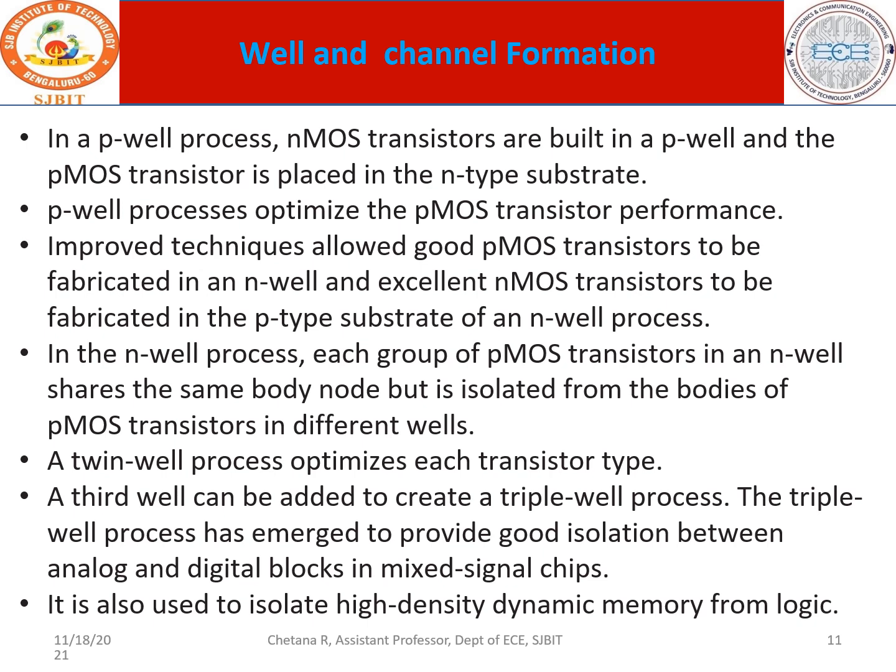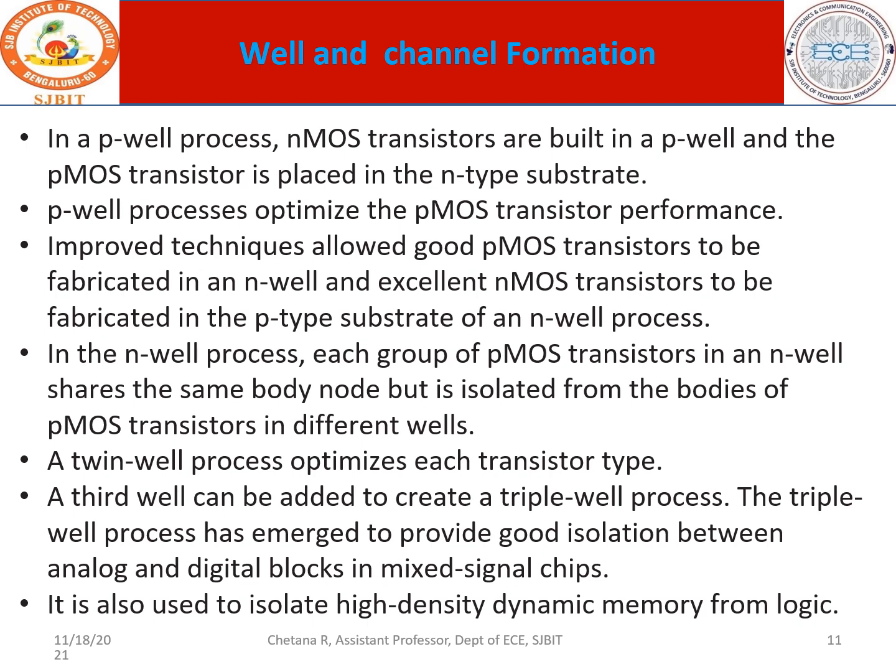Similarly, a twin well process optimizes each transistor type. So in twin well, you will get 2 different types of transistors. If it is only N well, one is inside the well structure, one is outside the well structure. But when we compare the twin well, in 2 different wells, you have 2 different transistors. A third well can be added to create a triple well process. Now I had a discussion on this.